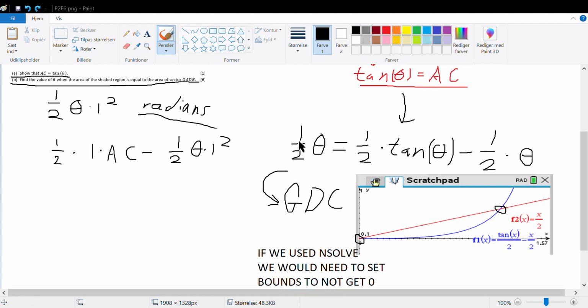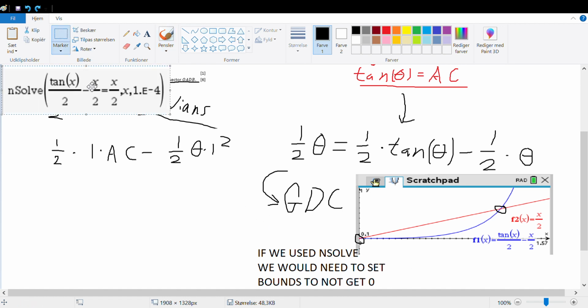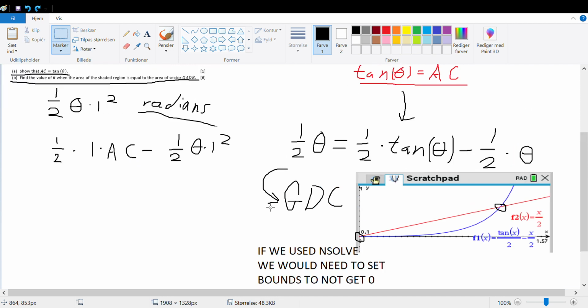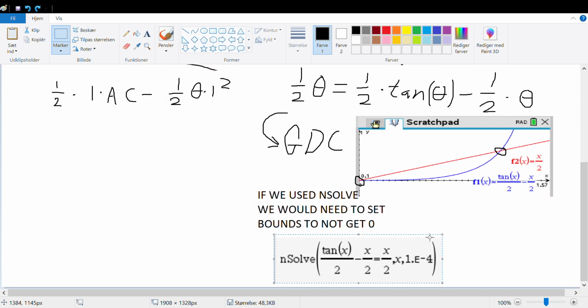The way that you can do it is very simple. All you have to do is, I'm just going to write up the question as it is, and then I'm going to explain what you do. So what I've done here is, I've solved it using nsolve, but I had to include what we call a lower boundary.